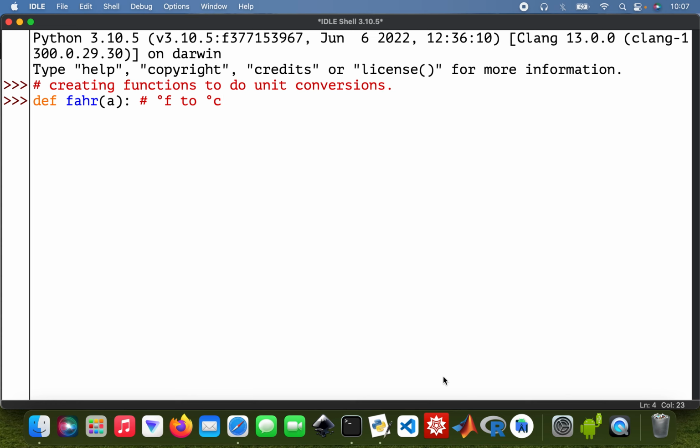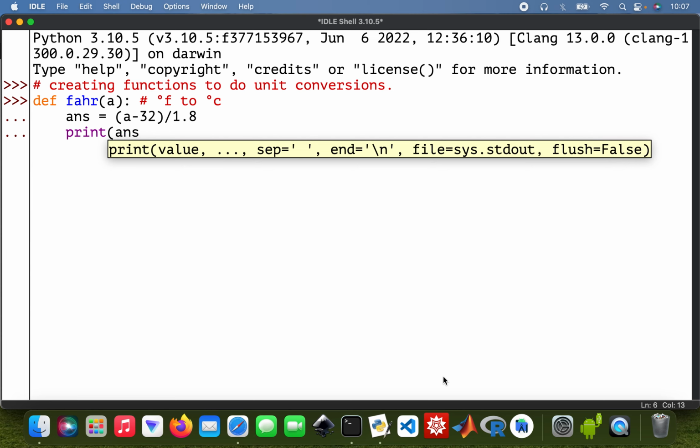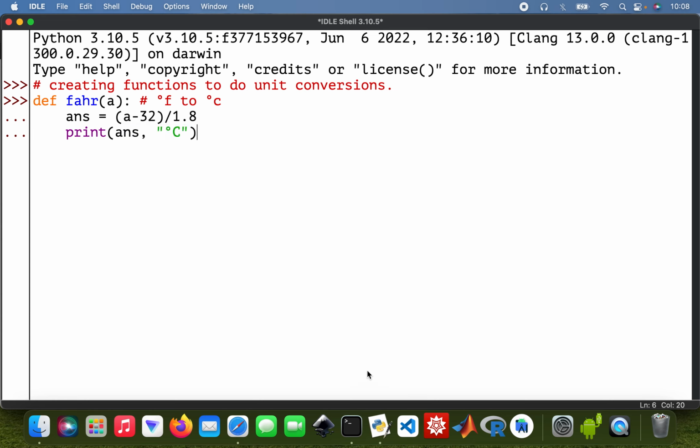So my answer will be A minus 32 divided by 1.8. Then print answer, and so put that as a string. To get the degree symbol, you press Alt, Shift, and 8 on a Mac.